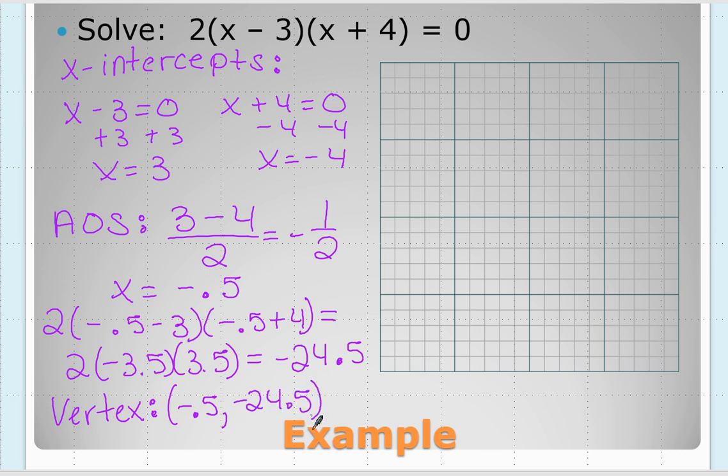So I'm going to now graph. My axis of symmetry is at negative 0.5. My x-intercepts are 3 and negative 4.